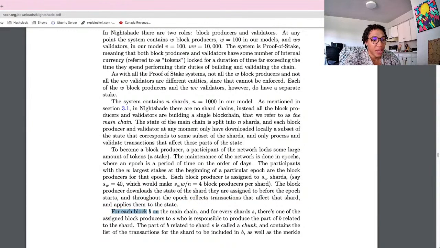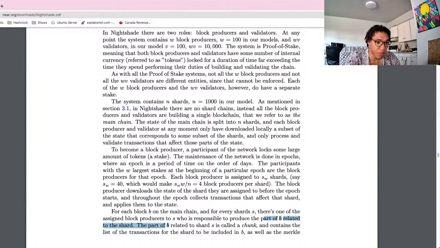For each block B on the main chain, and for every shard S, there's one of the assigned block producers who is responsible to produce the part of the block B related to the shard. So only one of the assigned block producers is responsible for producing the part of the block for that shard.